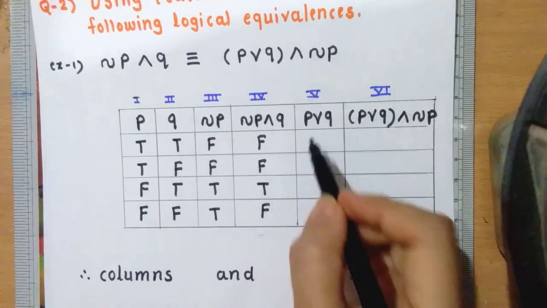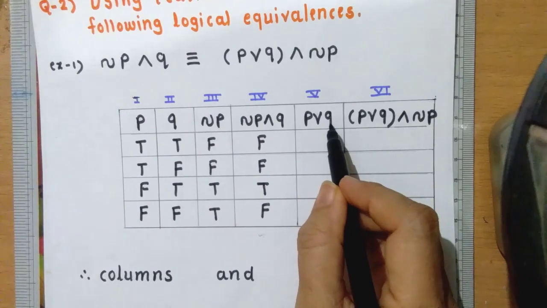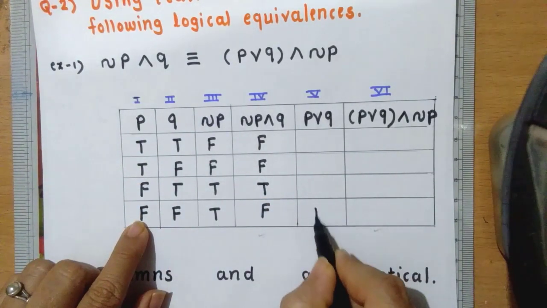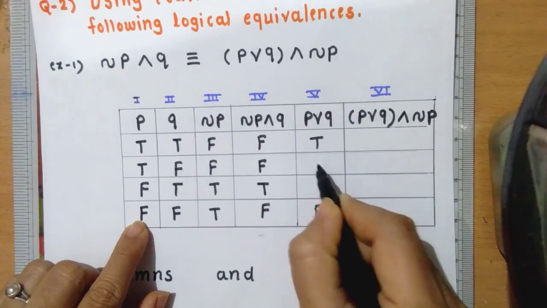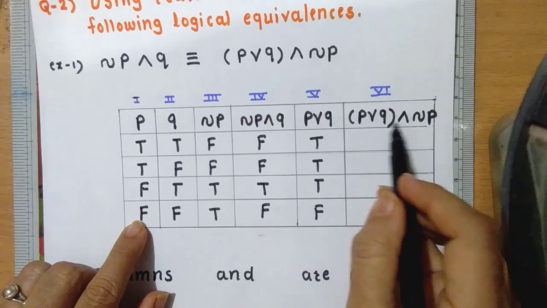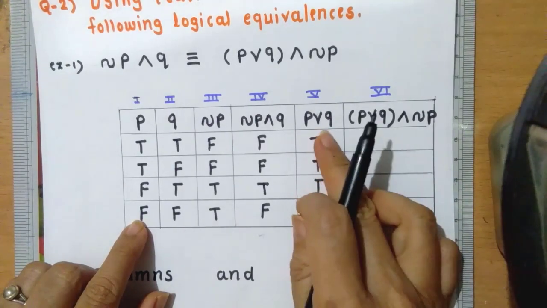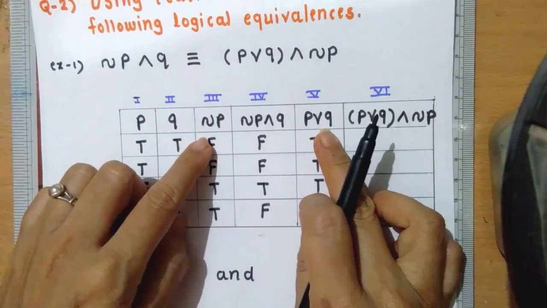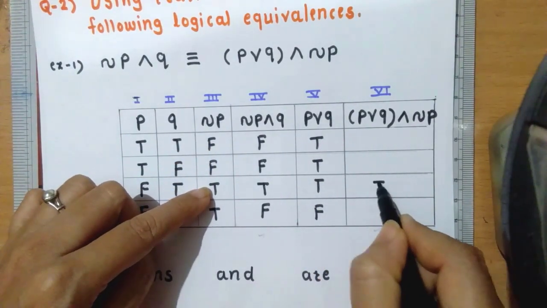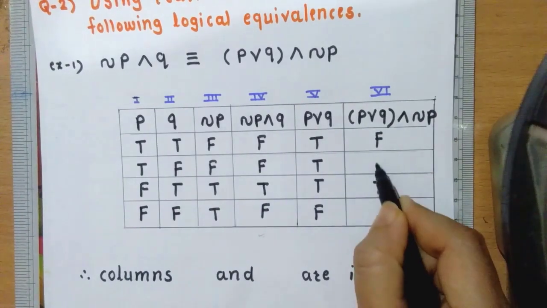Now RHS. So first one P disjunction Q. So disjunction rule is if both are F, then F, otherwise it is T. And last one P disjunction Q conjunction negation P, means conjunction between this and this. So again rule of conjunction is if both are T, then T, otherwise F.